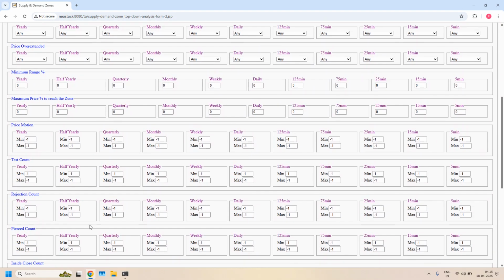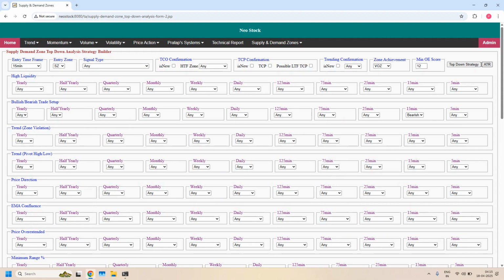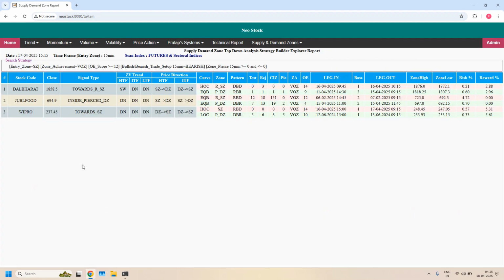So in the pierced count parameter at 15 minutes time frame, I am setting minimum value 0, maximum value 0. With these filters, we got three stocks. So these three stocks are supporting bearish trade setup for weekly income trade.